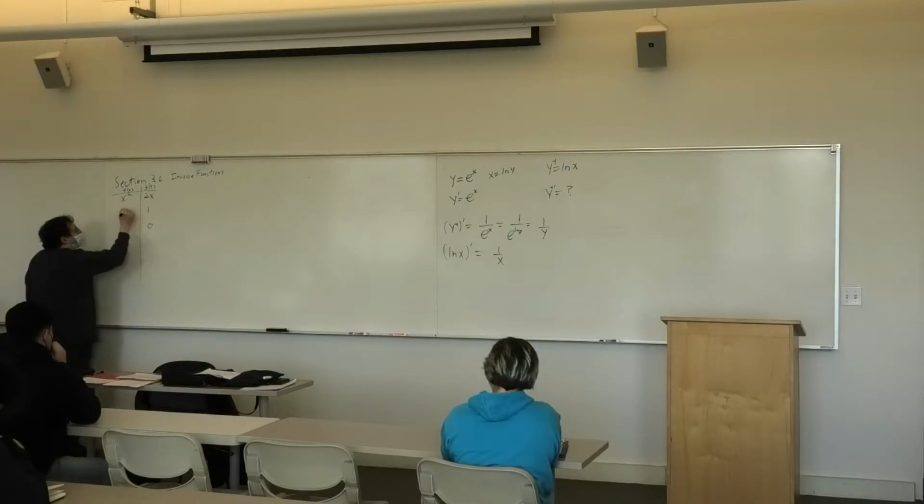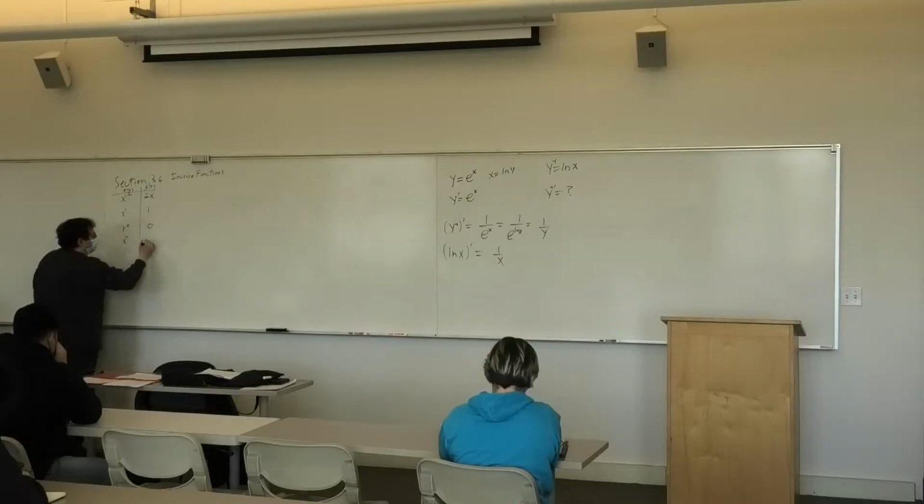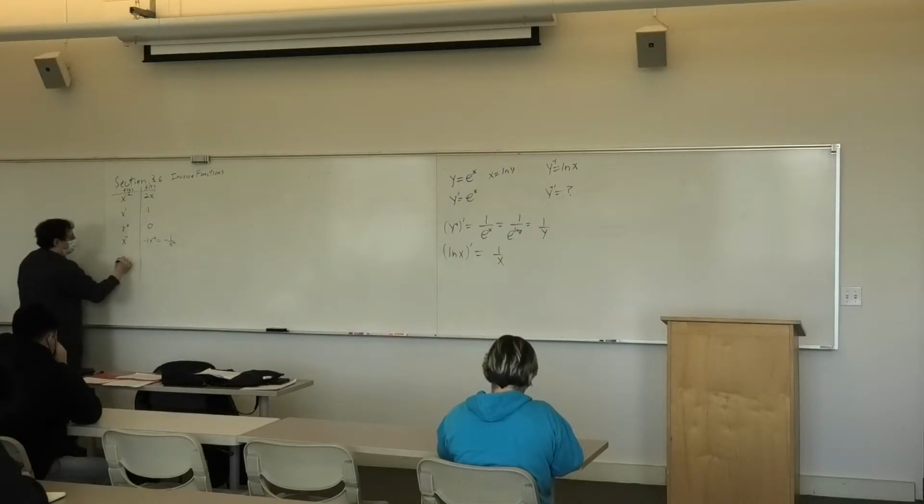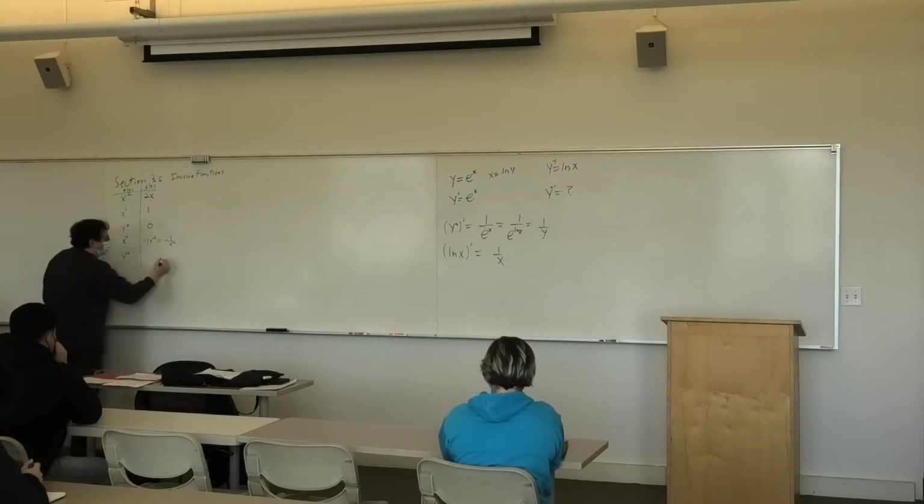This is x to the 1, and this is x to the 0. X to the negative 1, what's the derivative of x to the negative 1? 1 over x. Well, the power rule tells me it's negative 1 x to the negative 2, or negative 1 over x squared, and so forth. Negative 2 over x cubed.